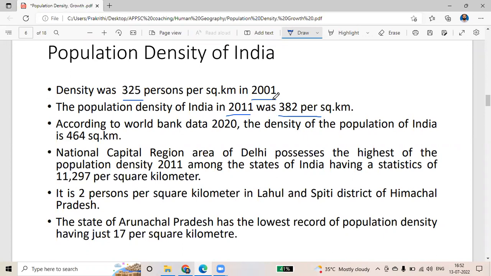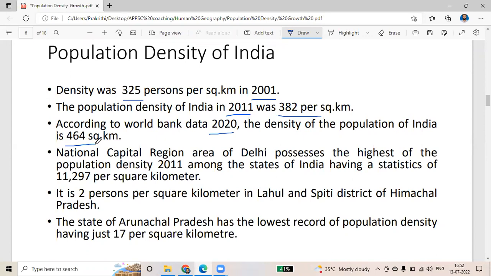Now, the World Bank has a calculation. They have identified the population density of India for 2020 as 464. So see the change in the population density. It is moving in such a tremendous, increasing manner.